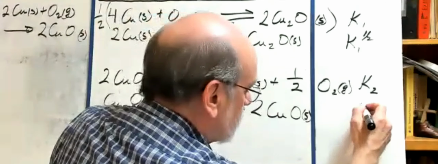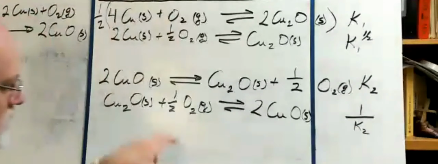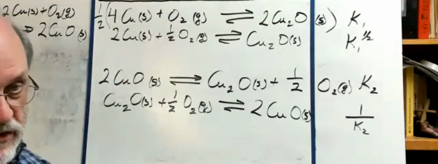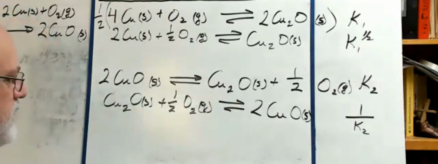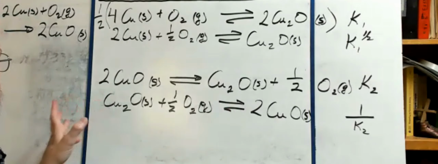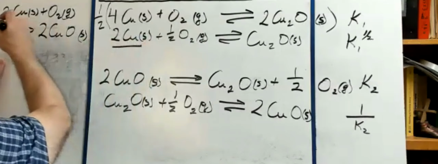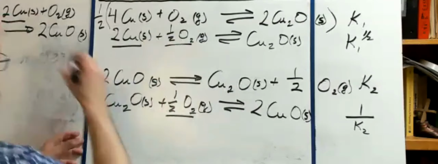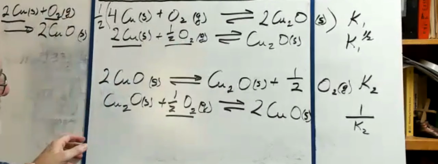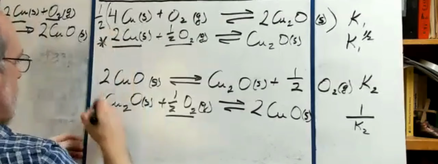So that makes this one 1/K2 for that equation, right? We just flip the equation, invert the K. So let's see if that will add up. So we've got 2 coppers here, 2 coppers there. We got a 1/2 here and a 1/2 here, makes 1 there. We're using this equation and this equation.